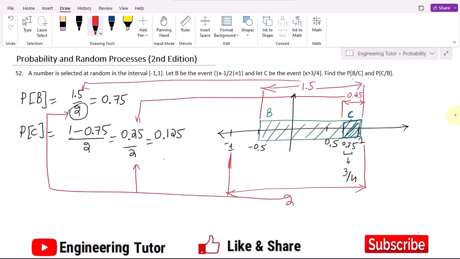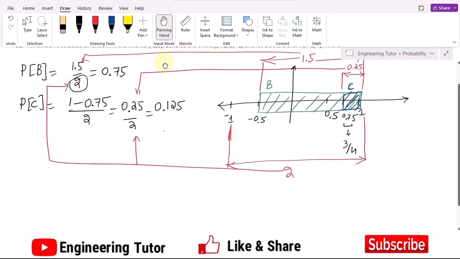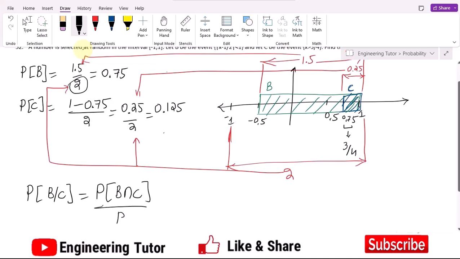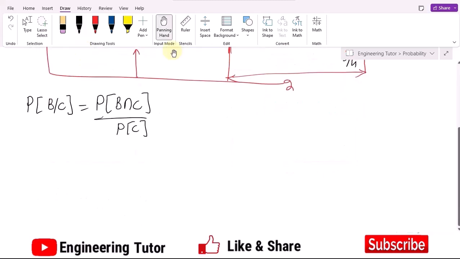Now what we have to do is find the probability of B given C and probability of C given B. In order to find the probability of B given C, it is always equal to the probability of B intersection C divided by the probability of C, by the conditional probability.